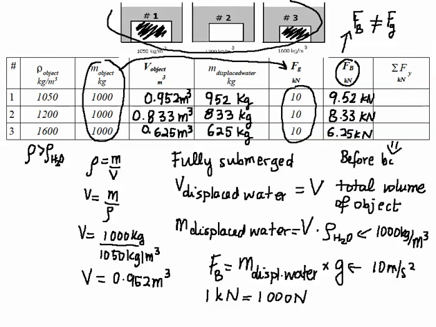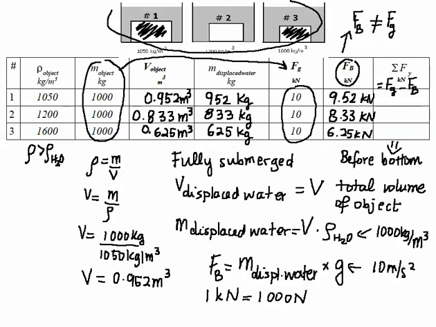When they reach the bottom, of course, they reach static equilibrium, and the normal force from the bottom of the lake comes into play. But on the way down, we can calculate this by doing Fg minus Fb.